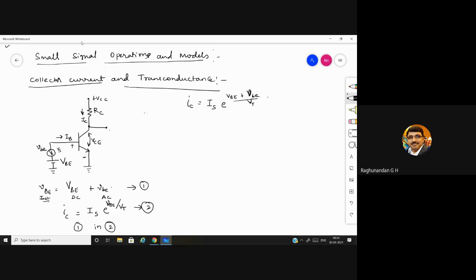So this is the equation you are going to obtain. When we consider the thermal voltage and the vbe, we consider this input signal to be very small with respect to the thermal voltage. So basically, what do you mean by thermal voltage?